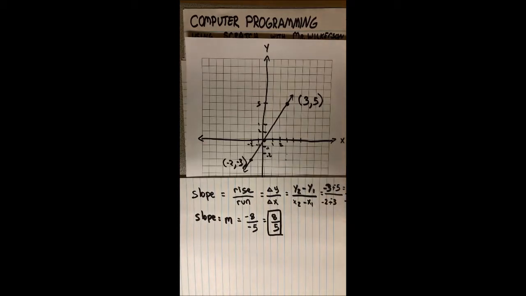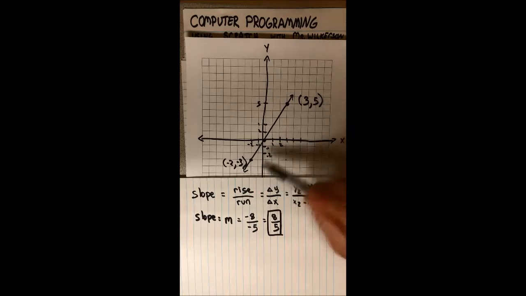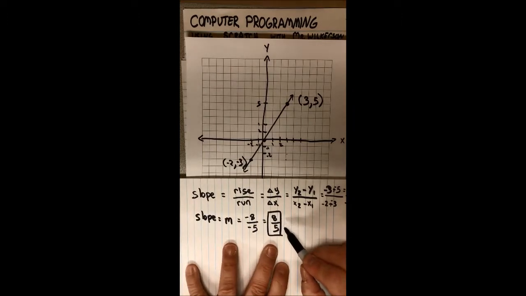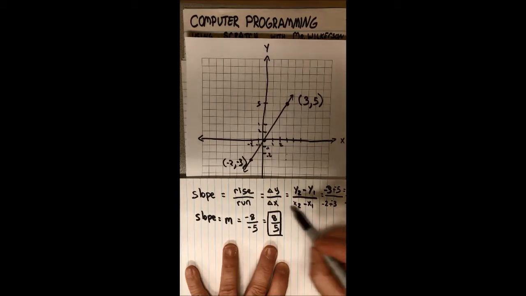What we want to do now is learn about creating variables and then programming our computer, writing the code to do the mathematics for us, to actually take the y coordinates and subtract them, and the x coordinates and subtract them, and then divide them. So we'll actually get a decimal number when this is worked out in our code.